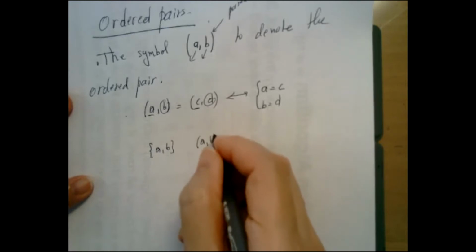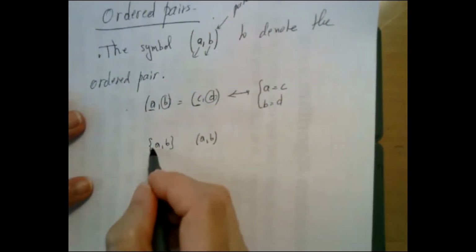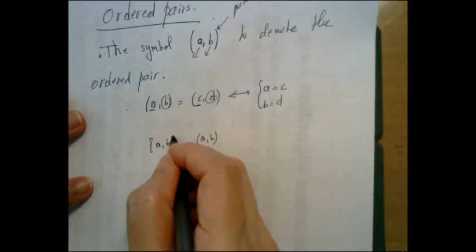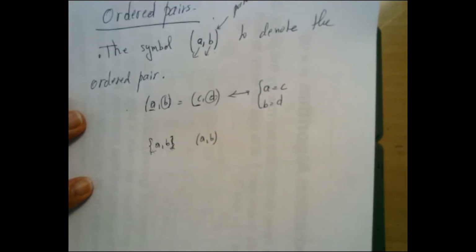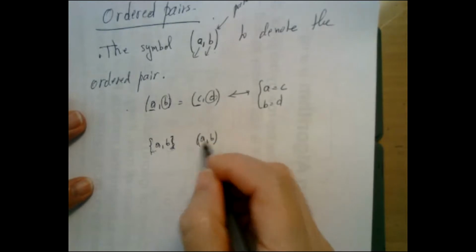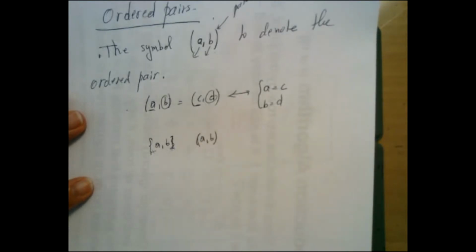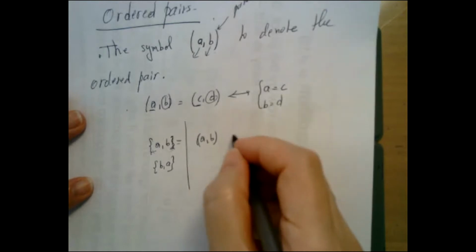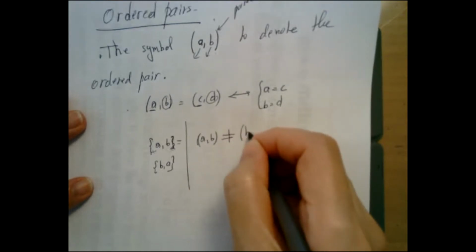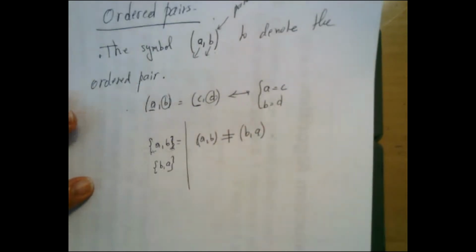The braces and the parentheses mean different things. When I put braces, I am talking about a set of two elements, so the order does not matter. When I put parentheses, I'm talking about ordered pairs, and definitely we cannot change the order.